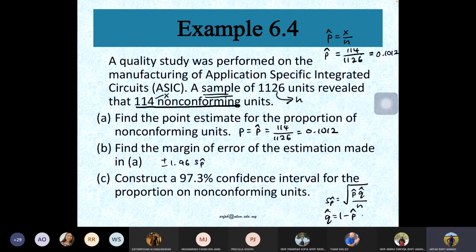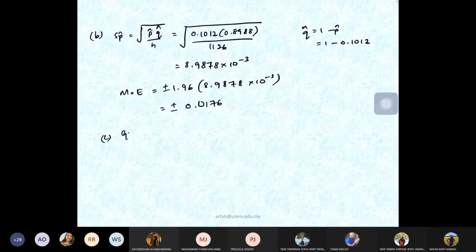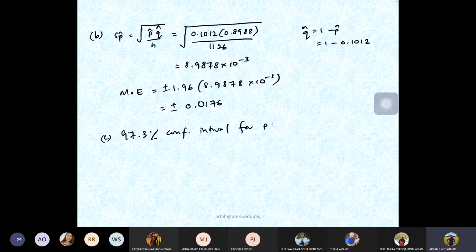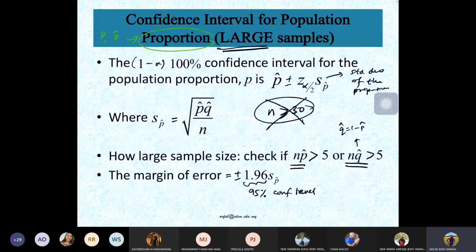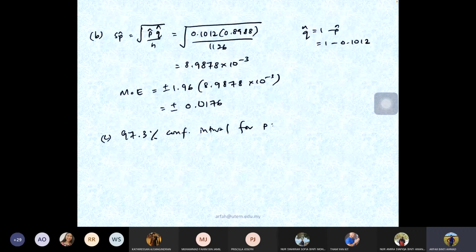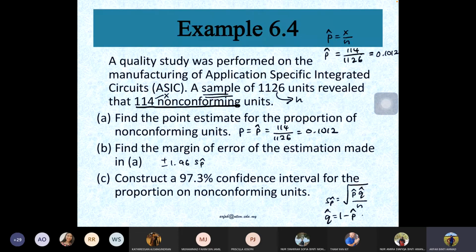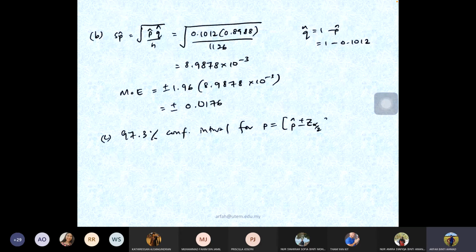So 97.3% confidence interval for P. So by using this formula, ianya akan menggunakan Z distribution table. So it will be equal to P hat plus minus Z alpha over 2 SP hat. Okay, so Z alpha over 2 is from table of standard normal.